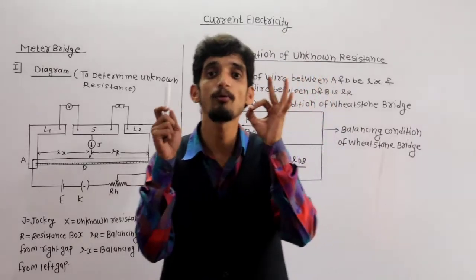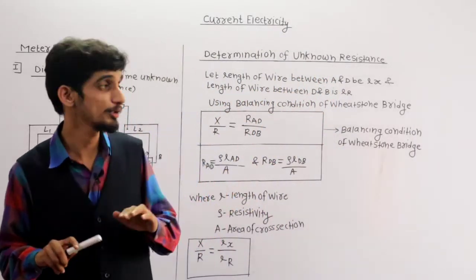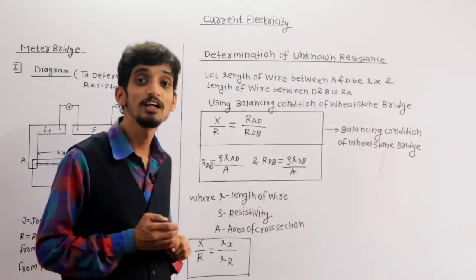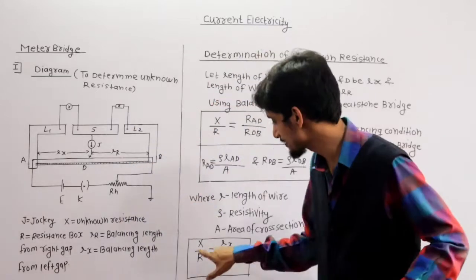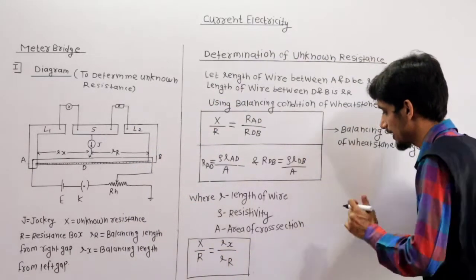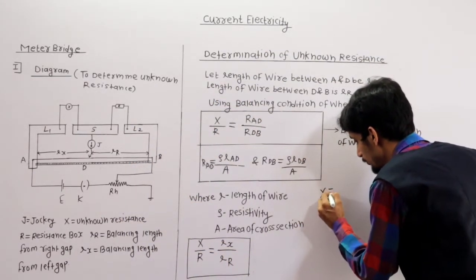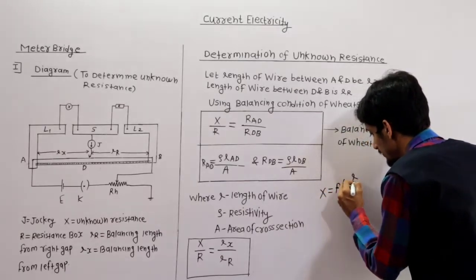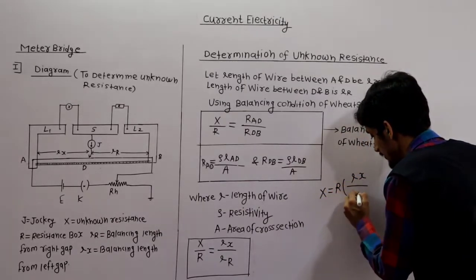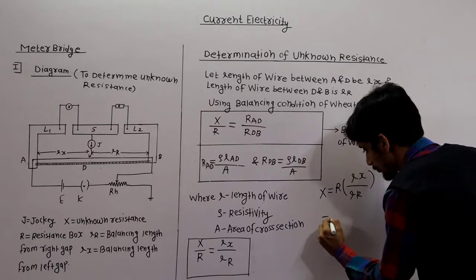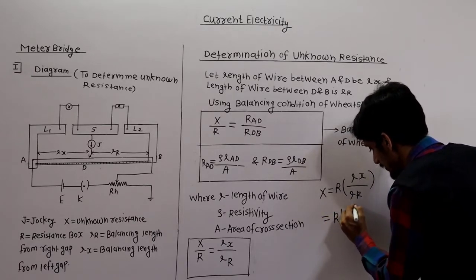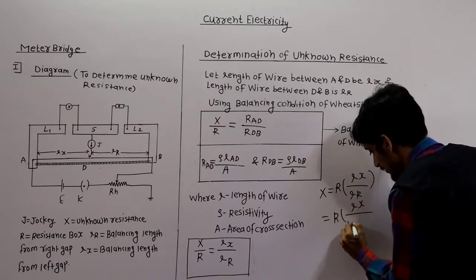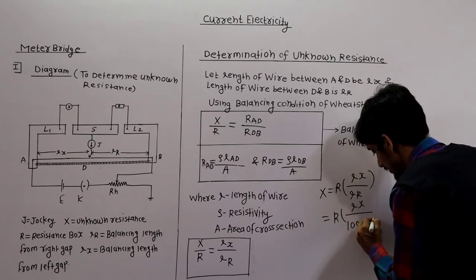This is an important formula for determination of unknown resistance. So from this, X by R is equal to Lx by LR, so X is equal to R into Lx by LR, which is equal to R into Lx by 100 minus Lx.